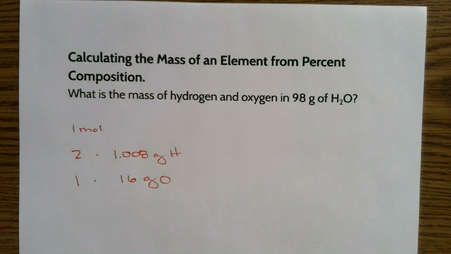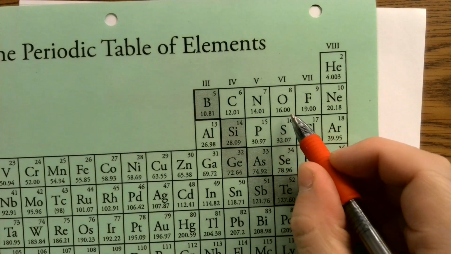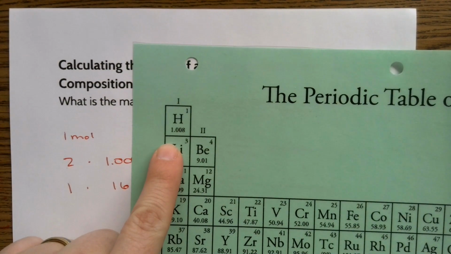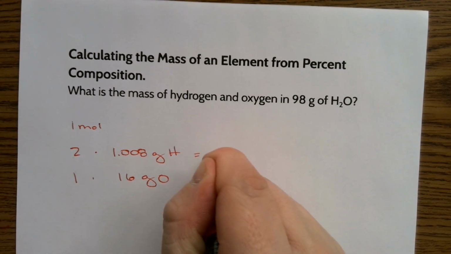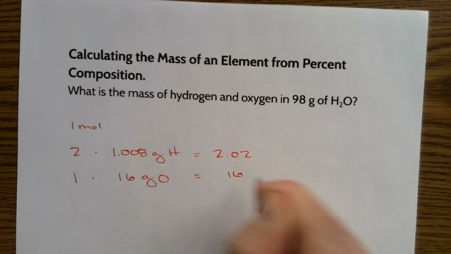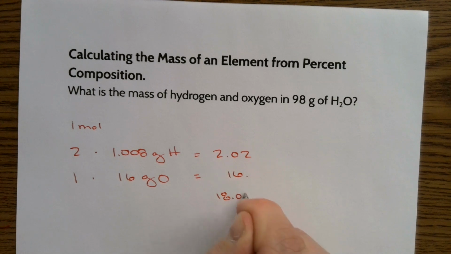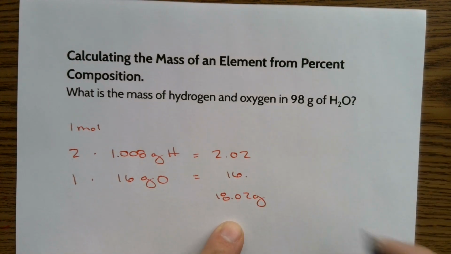The reason we know that is because oxygen's molar mass is 16, and hydrogen's molar mass is 1.008. So when I do the math, I get 2.02 and 16. If I add them together, I get 18.02 grams. So that's how much 1 mole of water weighs.